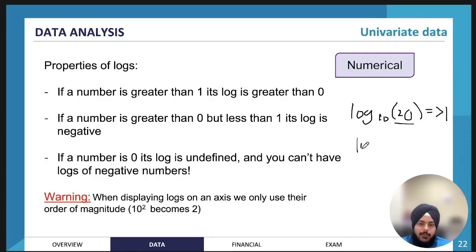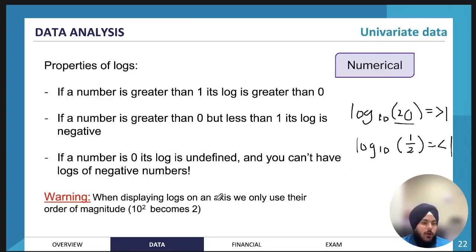However, if the number is more than 0 but still less than 1, for example half, this value will actually be less than 0, so it will be a negative value. And if the number inside the log is negative, the log will be undefined. So we can't have log of negative numbers.